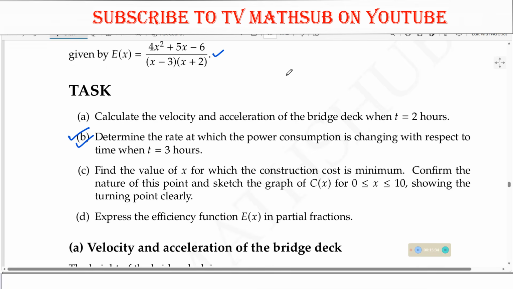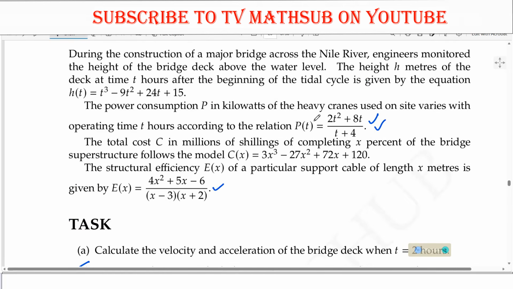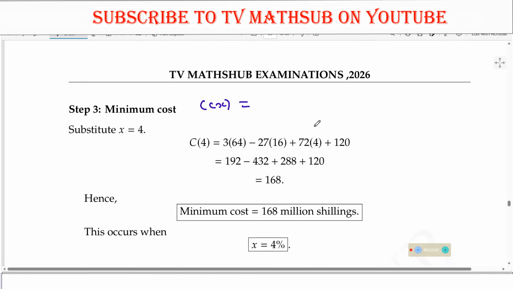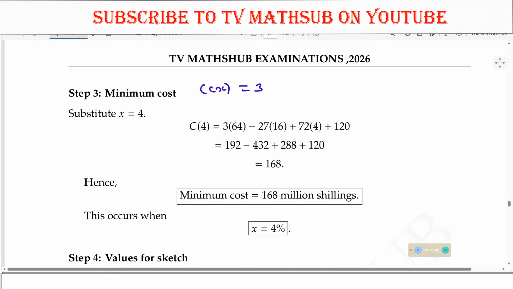c of x is here. So you are substituting in this expression, 3x cubed minus 27x squared plus 72x plus 120.